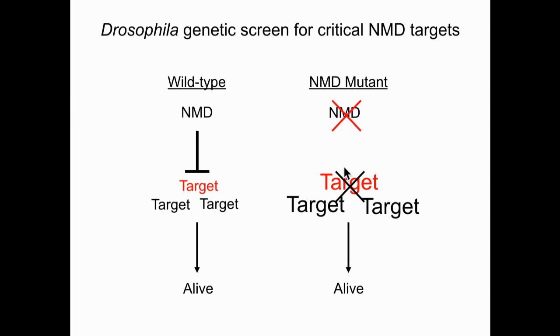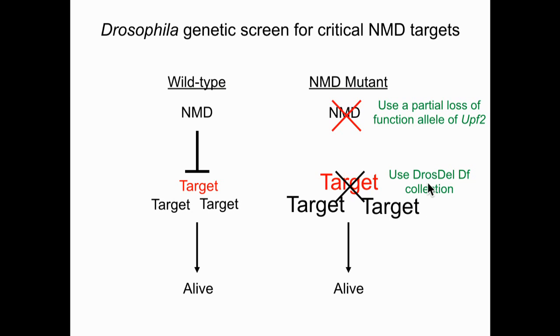Now, we did not expect NMD to have a single target, so we designed the screen to be much more sensitized than just restoring viability to an NMD mutant. We used a partial loss of function allele of UPF2, which is about 80 to 90% lethal, so we could easily monitor for increased viability. The other big thing we did is we used the Drosophila collection of molecularly defined deficiencies.